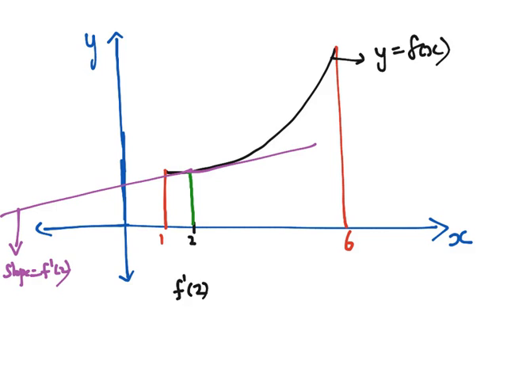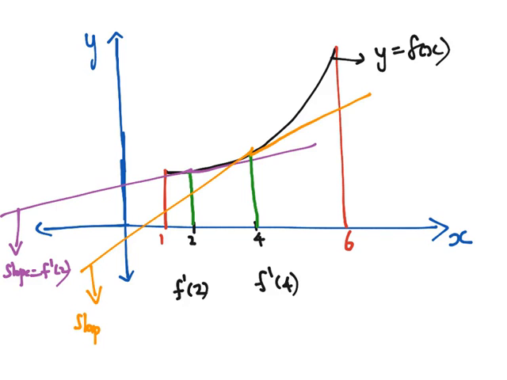Let me take 4 here. Now again, what do you mean by f dash of 4? If I draw a vertical line, I'll consider this point, and if I draw a tangent at this point at 4, this tangent will have a slope, and that slope is f dash of 4.